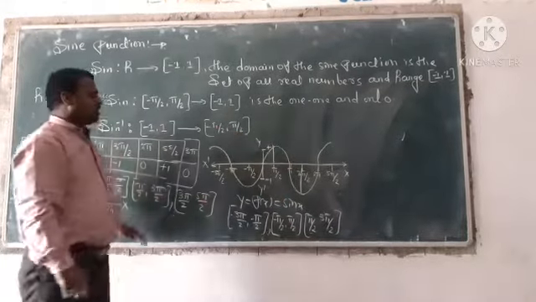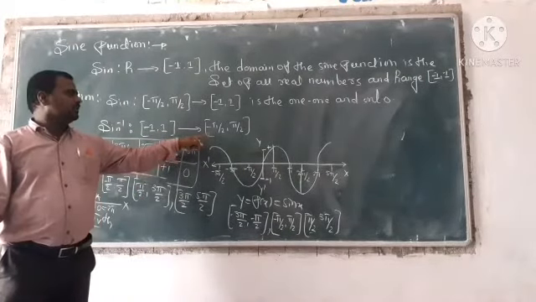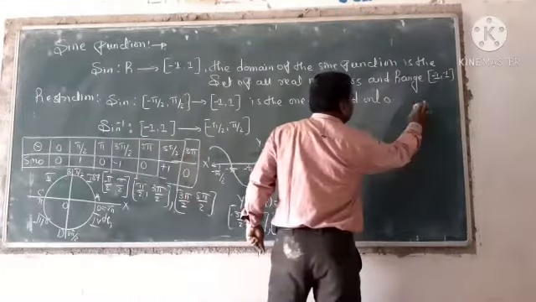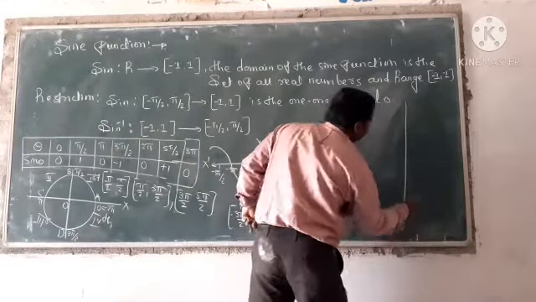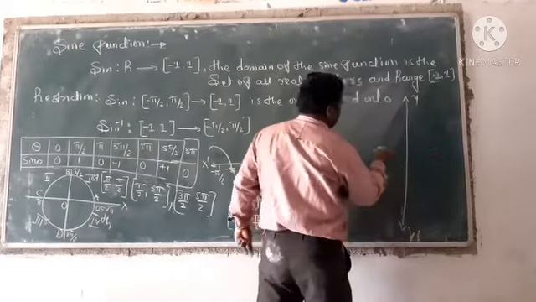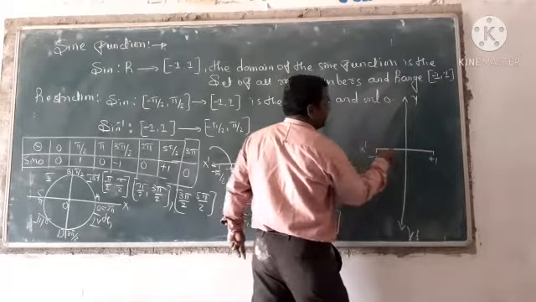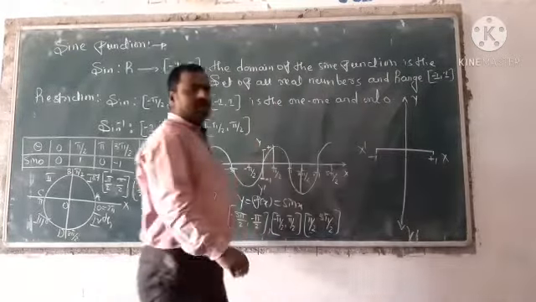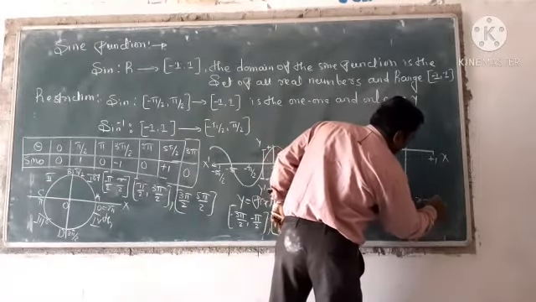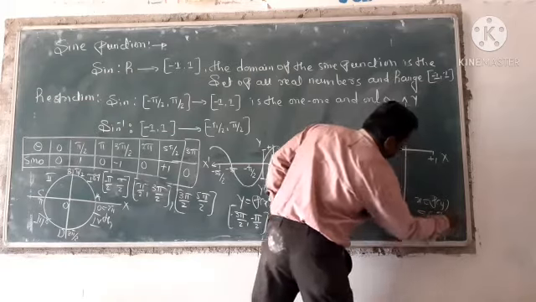So the principal branch of sine is the interval minus pi by 2 to pi by 2. In the same manner, we express it with the y dash axis, the range here plus 1, here minus 1, x dash, x. The factor y: x equals f of y means the sine inverse function.